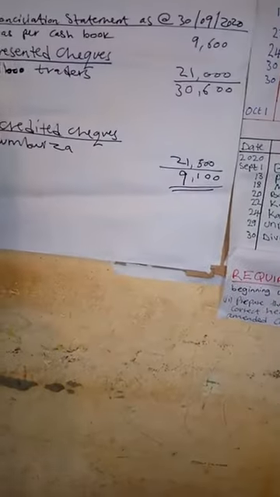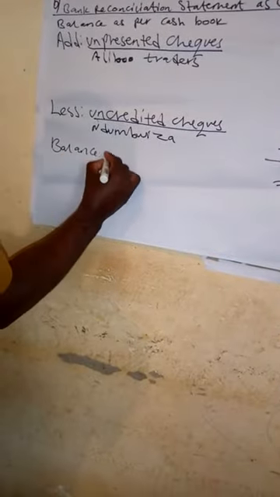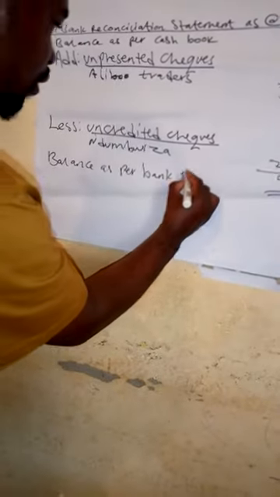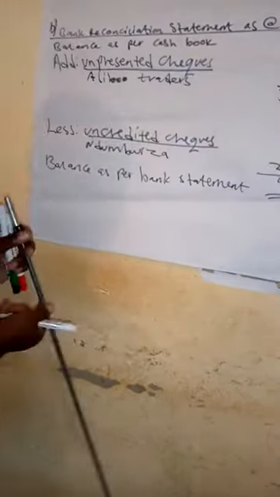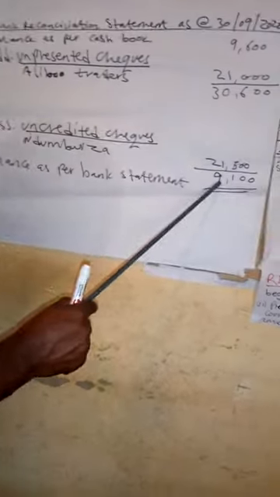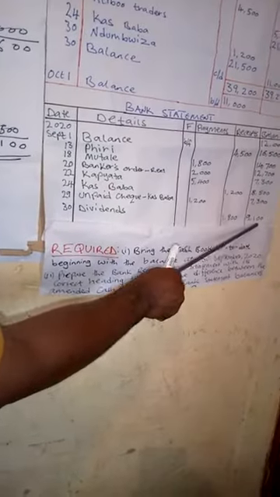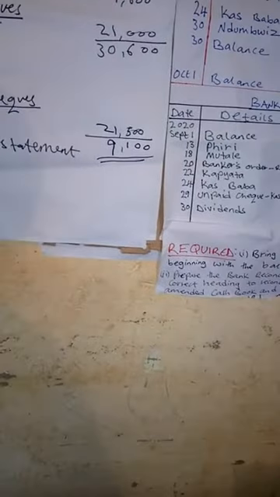So this one is the balance as per bank statement. Let's see if it is correct. This is 9,100. Then check the bank statement. The balance was 9,100. So it shows that what you have done here is correct.